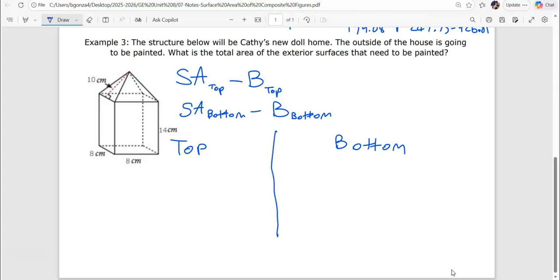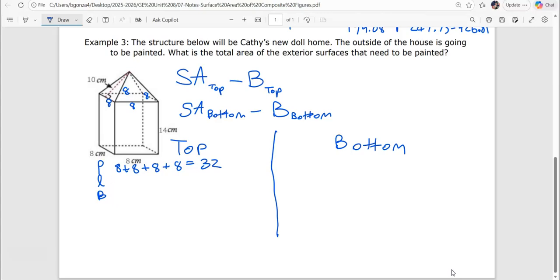All right. The top surface area. First, before I can do surface area of a pyramid, look at pyramid. Pyramid total surface area is PL over 2 plus B. I need P, I need L, I need B. What's the perimeter of this square? That is 8 by 8. 8 plus 8 plus 8 plus 8 gives me 32.